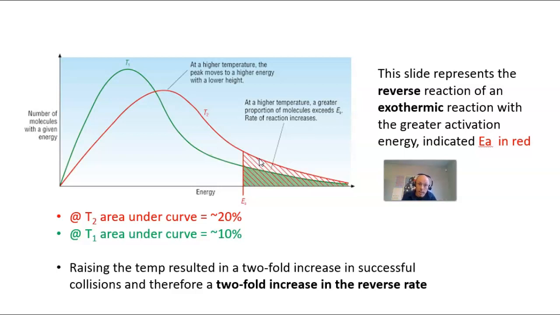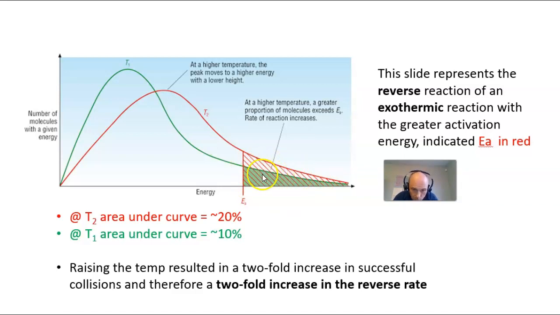I've estimated that under the red curve to the right of the activation energy line represents about 20% of the molecules. So 20% of the molecules at a higher temperature would have enough kinetic energy with successful collisions to overcome activation energy. Meanwhile, I've estimated the area under the green curve to be about 10%.